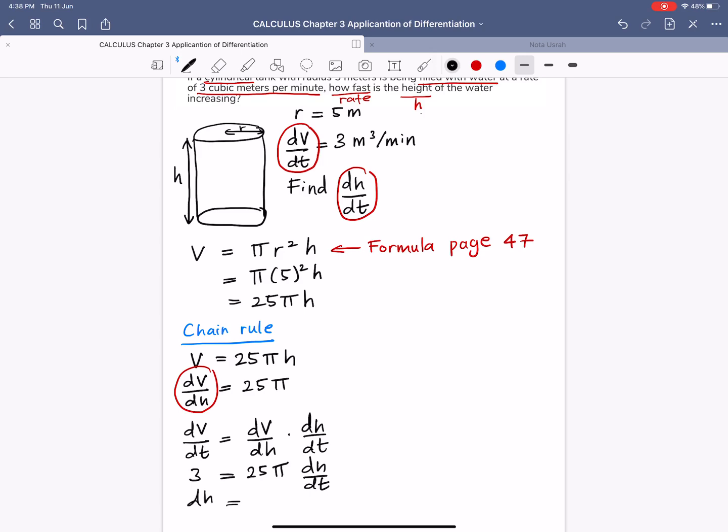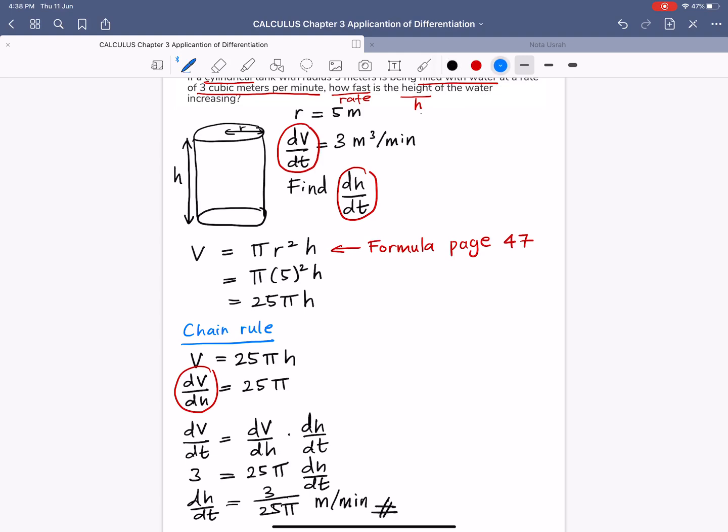Therefore, dh dt equals 3 over 25 pi. And since h is measured in meter and the time is measured in minute, dh dt has unit meter per minute. So this is our final answer.